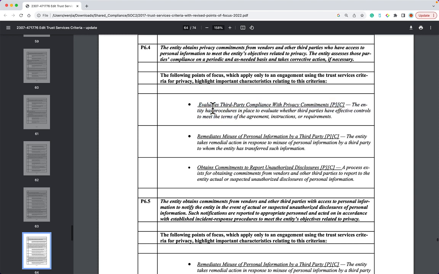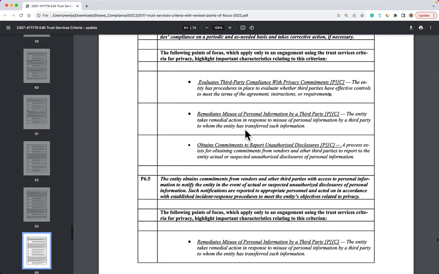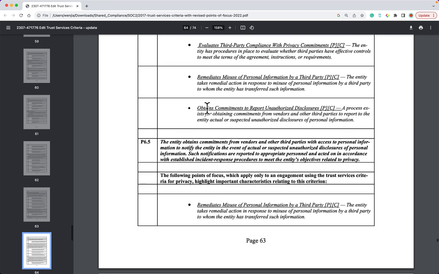You need to evaluate their compliance with privacy commitments, and if they did something bad, like using some information inappropriately, you need to correct them, and you need to obtain commitment to report unauthorized disclosure.